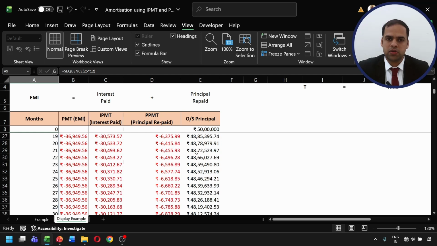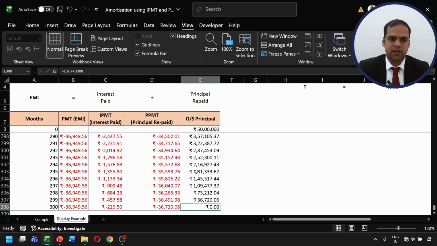And of course, our outstanding principal is getting lower and lower as we go further in the months. By the time we reach the 300th month, we see that the interest component is negligible, and the big chunk is the principal portion. And of course, our outstanding principal is nil.